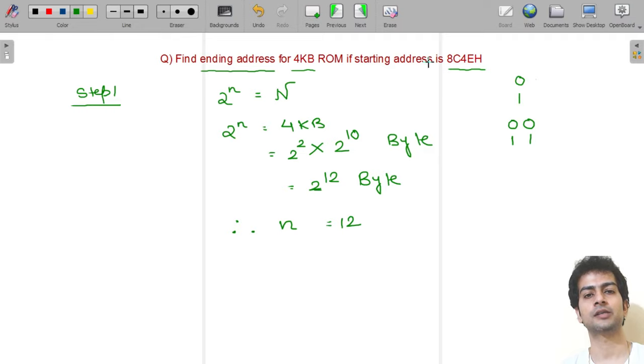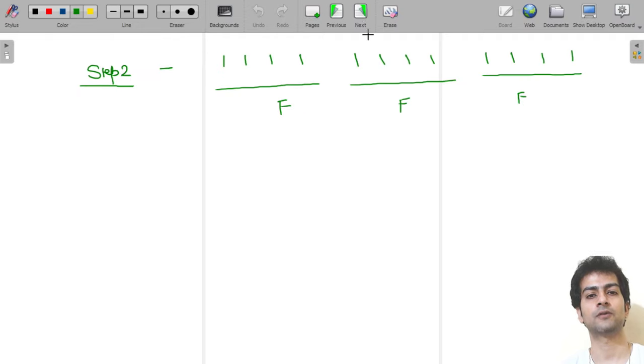Now, if the starting address is given and we have to find the ending address, we have to add this equivalent value, because the ending address will always be greater than the starting address.